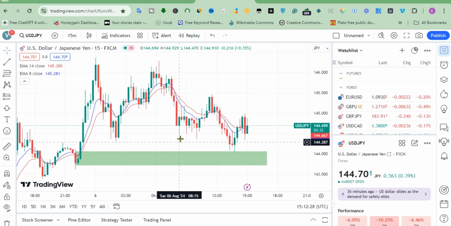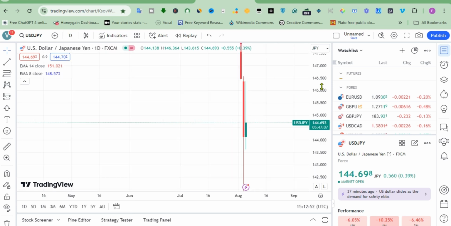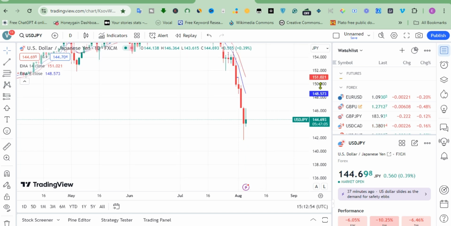So now let's take this as an example. Like I told us, if you want to take a trade, if you want to open the chart, you can go to the 1 day chart. You can see 1 day. You go to the daily chart, or you can go to any other one. You can go to 6 months, 3 months, 1 month. So you go to 1 day just to get what the market is saying, get an overall view of the market.